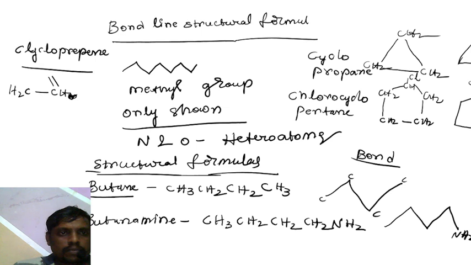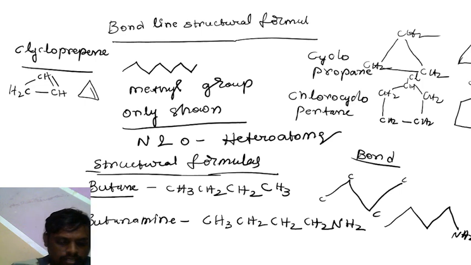So CH, and one more CH we have to draw here. Carbon is going to make a bond with them. For the cyclopropene bond line diagram you have to draw like this, and mention a double bond inside the structure.